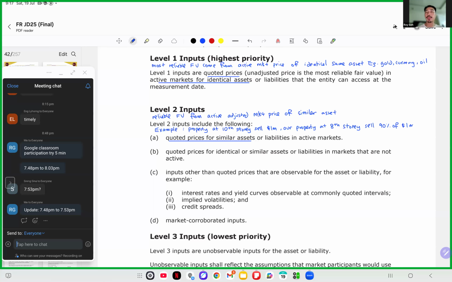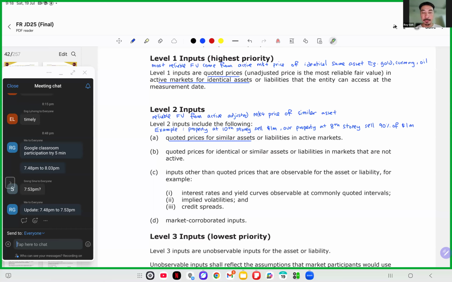This is called the adjusted price. Although you have a property in the same building, the same square meter, but different level, the price is similar. Level 10, level 8 is not too greatly different. But level 2 and level 10 is far away. Then the discount may be 50%, maybe 60%. You get the idea? What do you mean by similar?